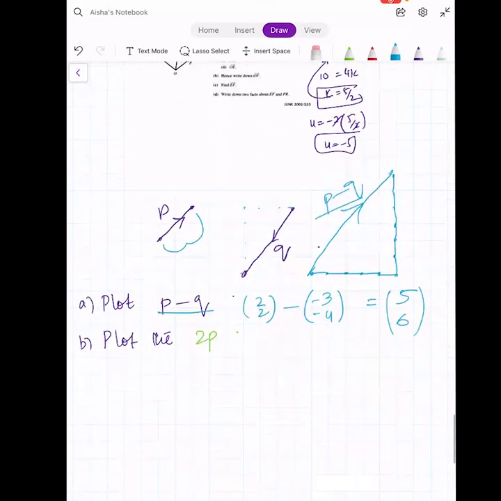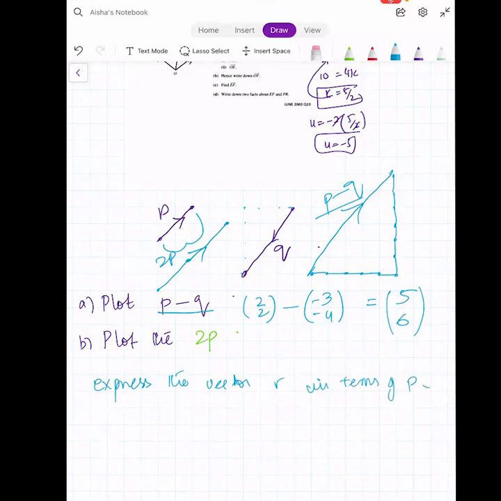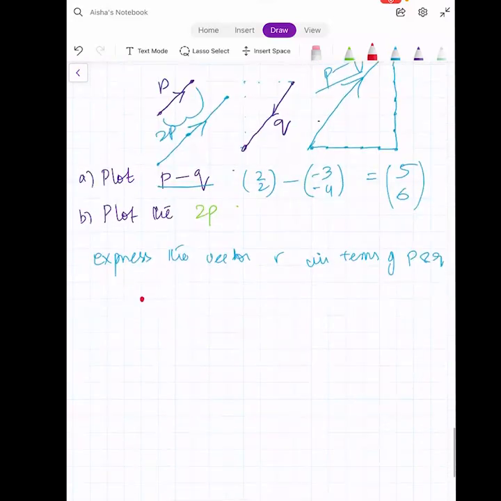Plot the point 2P. So 2P is going to be, you have already made P, and then extend it further ahead, this is 2P. Express the vector r in terms of P and Q. And vector r, you will have it drawn, which is going to be something like this. Now let's say what is r equal to. 1, 2, 3, 4. 1, 2, 3, 4, 5, 6, 7.